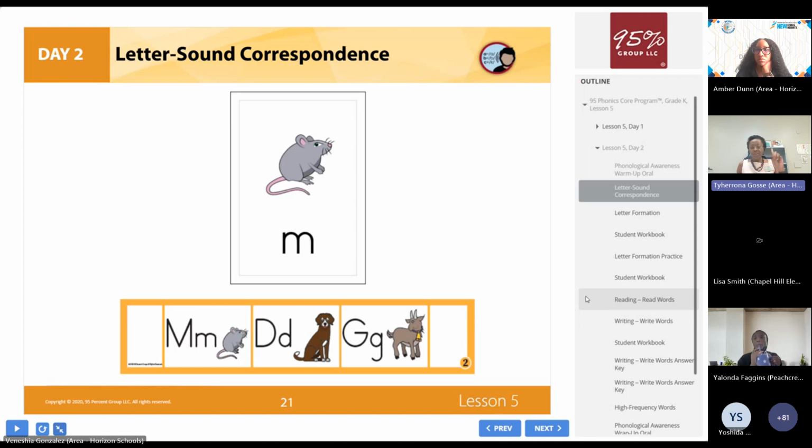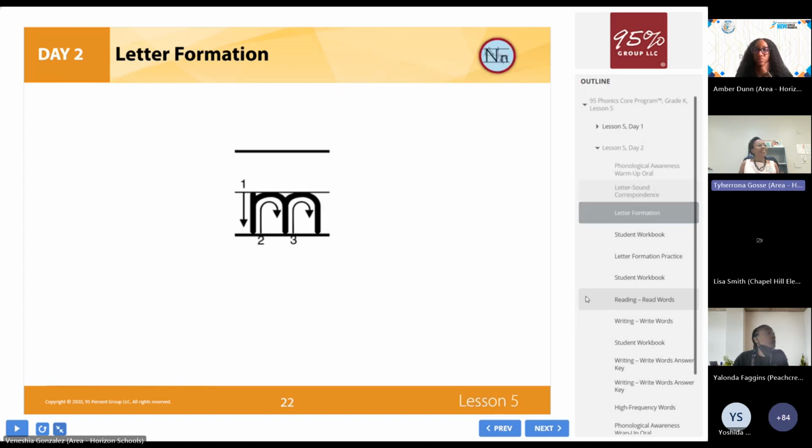Now I want you to keep tracing the letter over and over until I say stop. Remember to say three things while tracing the letter. Do you remember what those three things are? M, mouse. Good job. Excellent. And I saw that you were tracing. Nicely done. Okay. Now you are going to spend 1 minute to do that. I'm going to put my timer on, and when I say stop, you are going to stop.